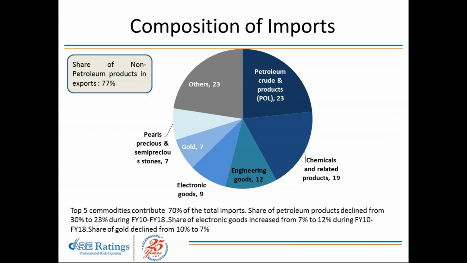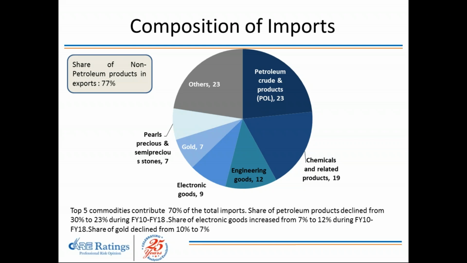The top 5 commodities that comprise India's imports currently account for over 70% of its total imports. These commodities include petroleum products, chemicals, engineering goods, gold, and electronic goods. Petroleum products have the highest share of 23%, followed by chemicals at 19%, engineering goods at 12%, and gold at 7%.